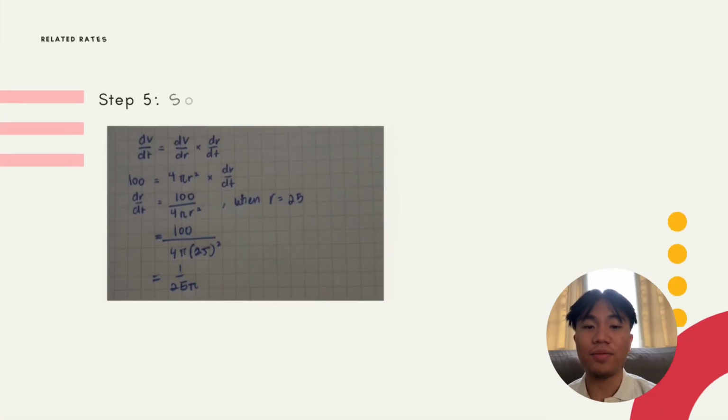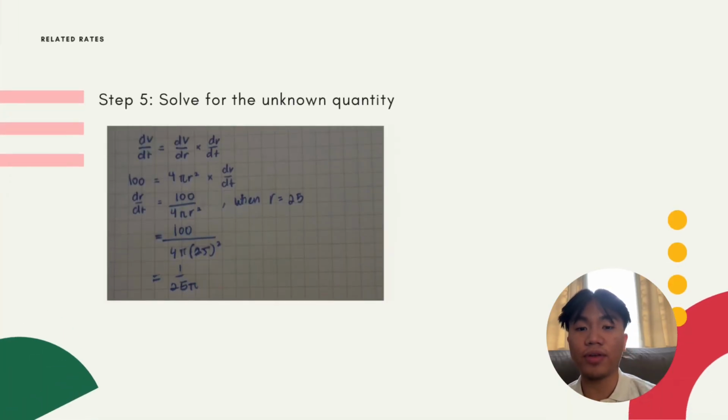For the last step, we can now solve for the unknown quantity. Substitute all the values of the derivatives that we have into the chain rule. So the equation is dV/dt = dV/dr times dr/dt. We can now substitute dV/dt with 100 and dV/dr with 4 pi r squared. Next, we can rearrange to solve the equation. After that, we get dr/dt = 100 over 4 pi r squared.